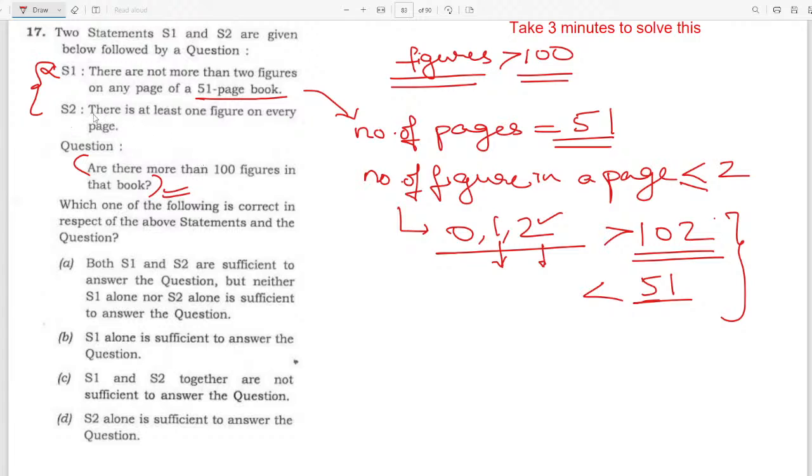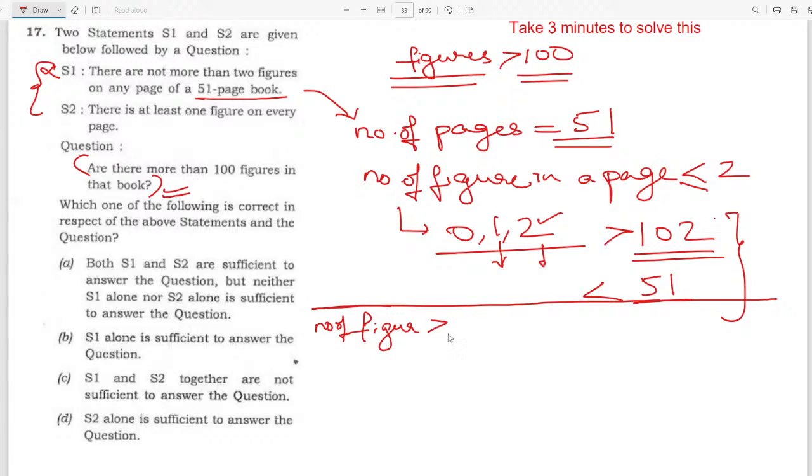Then the second statement. When we are reading the second statement, forget everything that the first statement has given you. This is a fresh sentence. There is at least 1 figure on every page. They are saying the number of figures is at least 1, the minimum is 1.